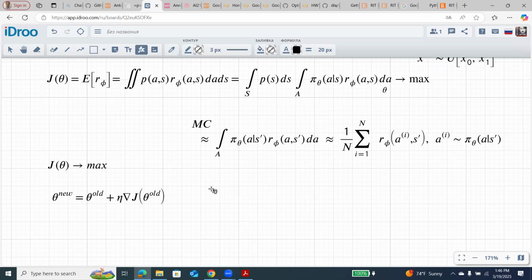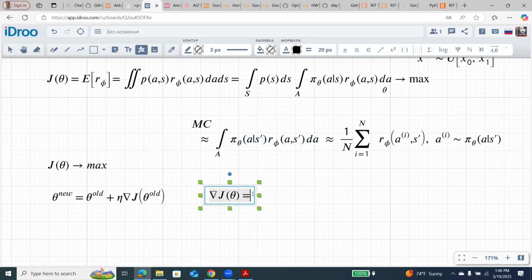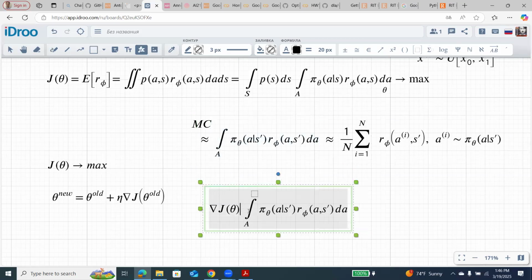Let's try to calculate the gradient first. So I will use my first approximation, approximately instead of equal.